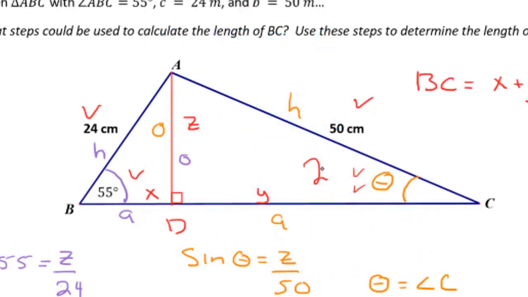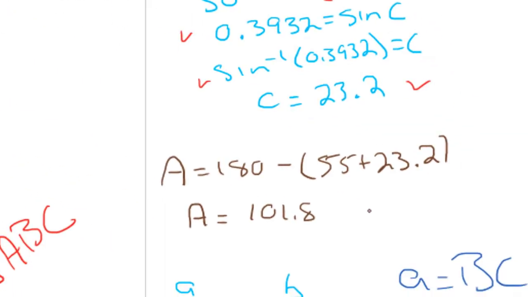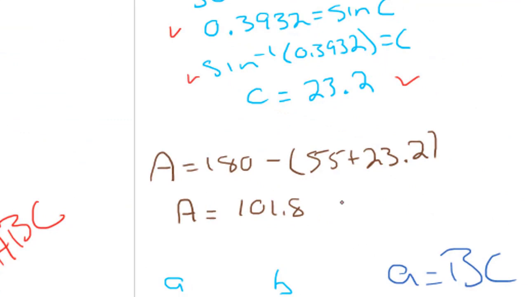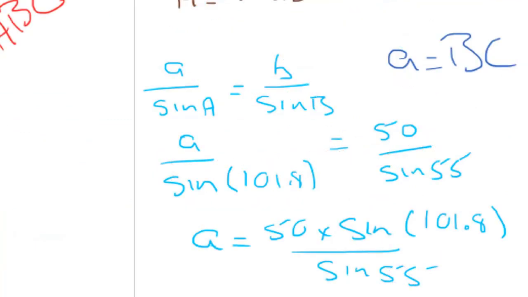Now that I know that angle C is 23.2 and angle B is 55, I can calculate what angle A is. The three angles inside this triangle have to add up to 180, which means that angle A is 101.8 degrees.